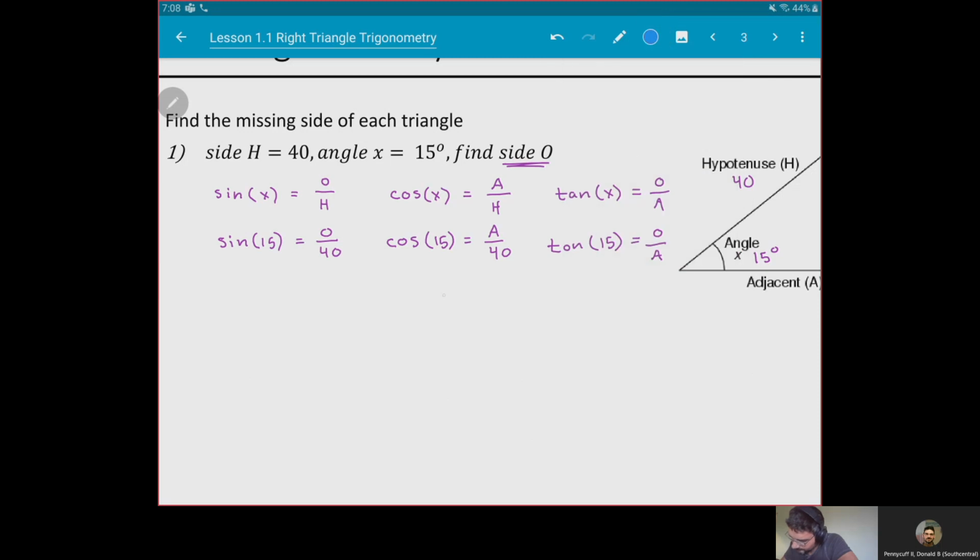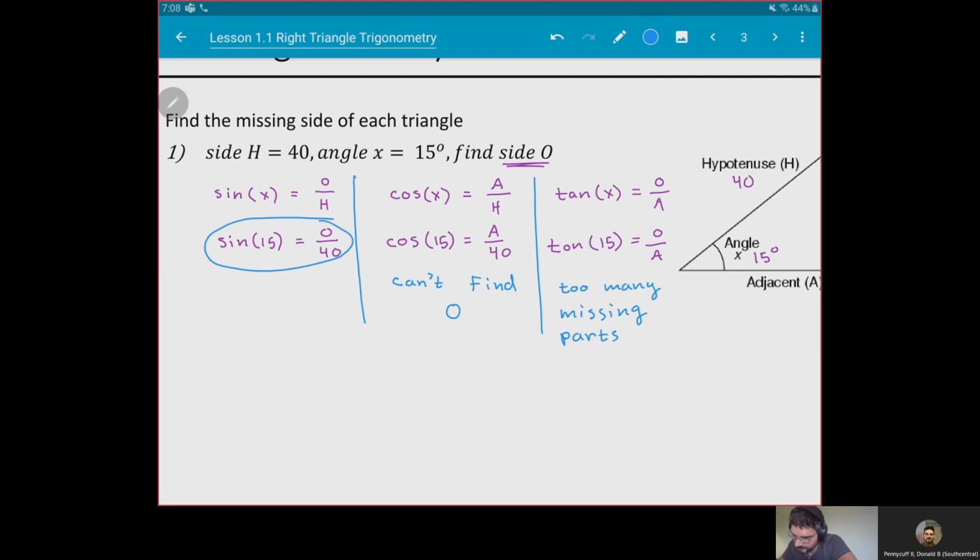So to find O, this one is not going to be helpful at all. So now I'm down to sine and tangent. This one's got too many missing pieces. So that's not going to help me. So this is going to be that right here.